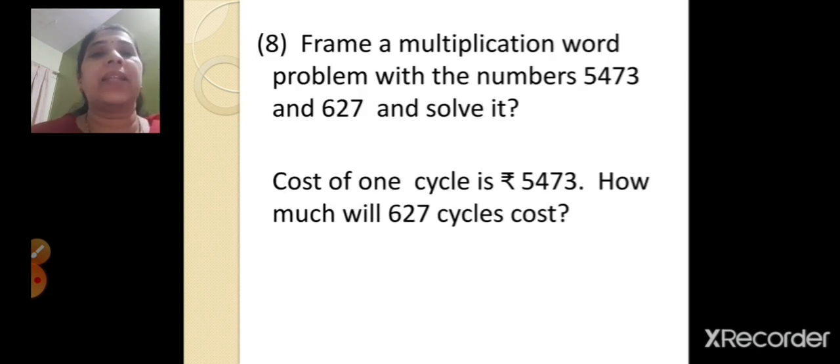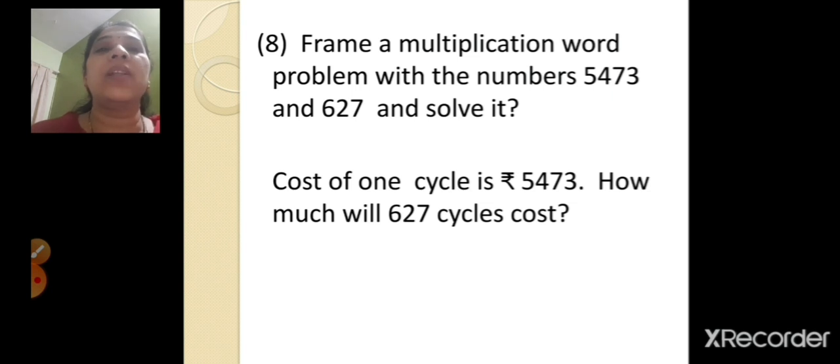Right? So next is the 8th one. Frame a multiplication word problem with the numbers 5,473 and 627 and solve it. So here only two numbers are given, 5,473 and 627.